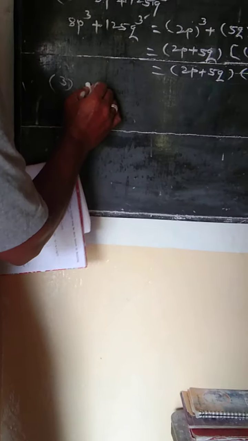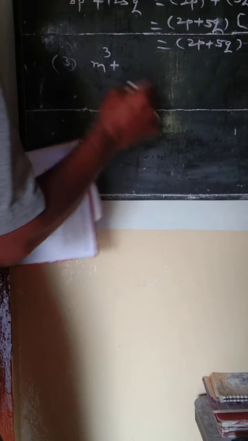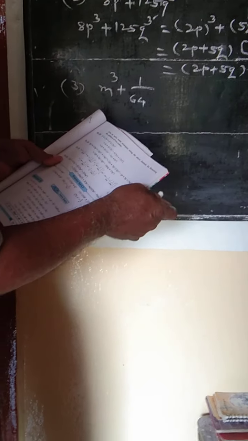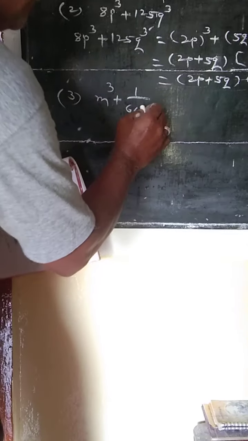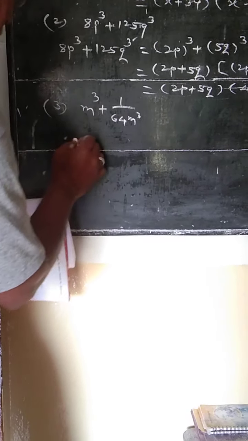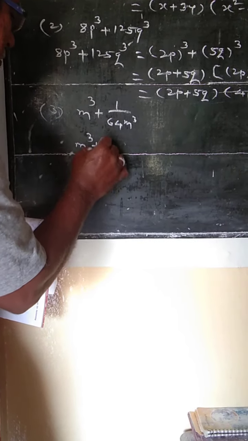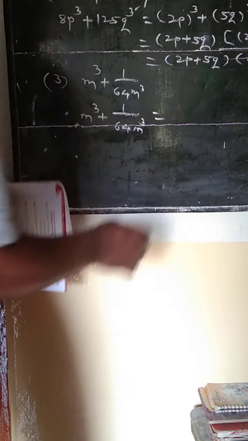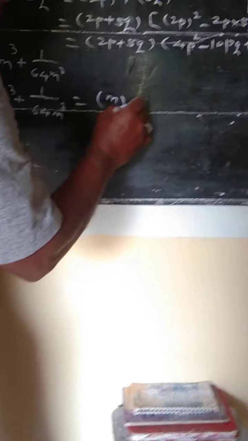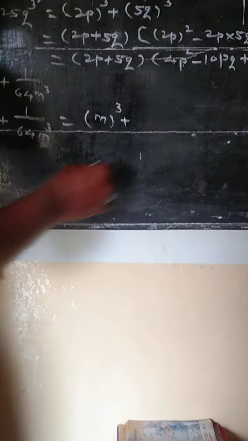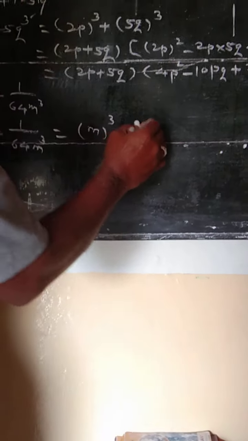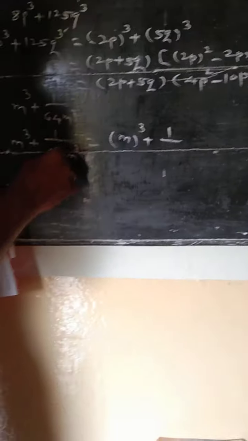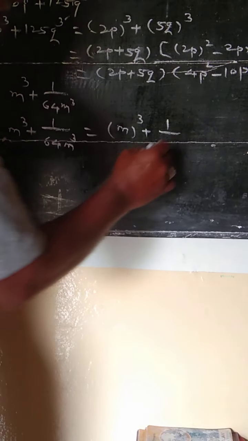Third example, m cube plus 1 upon 64. m cube plus 1 upon 64 is equal to m whole cube plus the cube of 1 upon 4, since the cube root of 1 is 1, and 64 is the cube of 4.